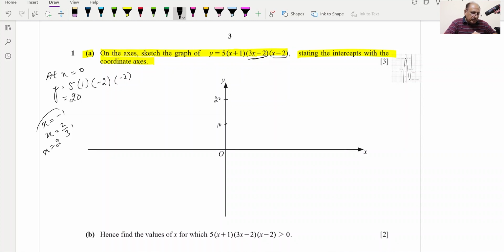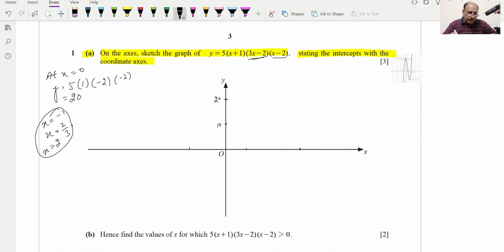So these will be the three solutions. We can mark x equal to minus 1 over here, 2 by 3 will be about 0.6, and 2 we can take over here.